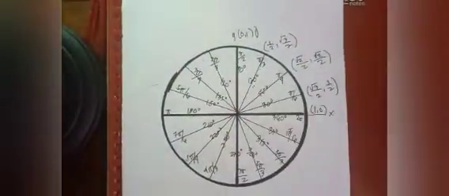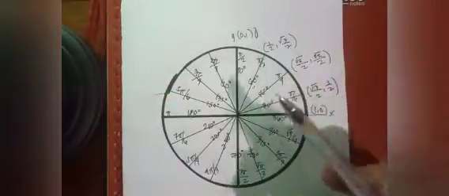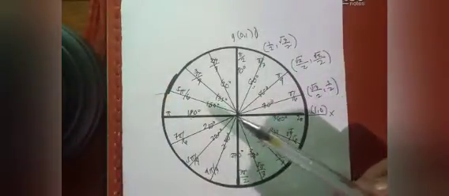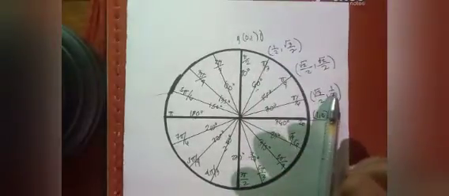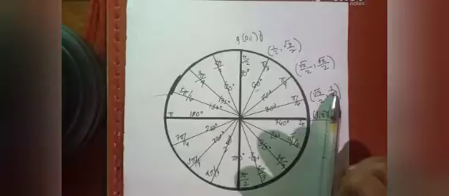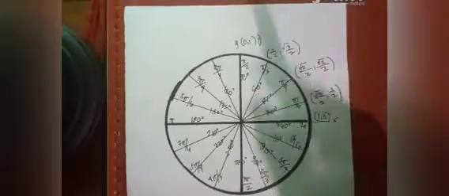So to get the coordinates of quadrant 2, you are just going to copy the quadrant 1, but you're going to put a negative in your x. So just copy the quadrant 1.